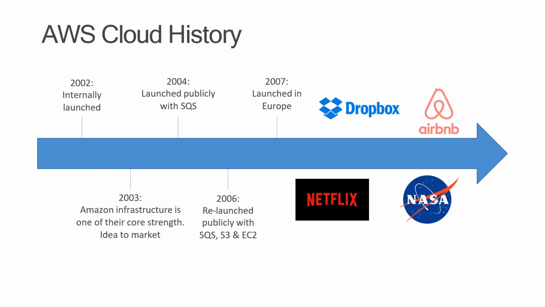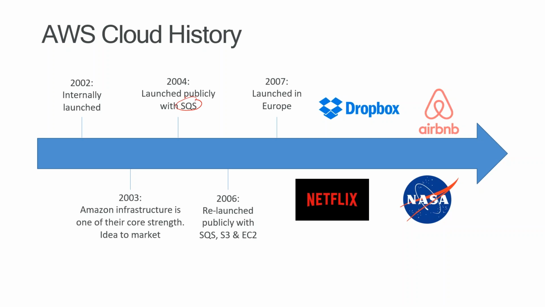So it says in 2002, the AWS cloud was internally launched, and it powered its website Amazon.com. And in 2003, Amazon infrastructure was one of their core strengths, so they pitched the idea to market and they launched their very first service, SQS.